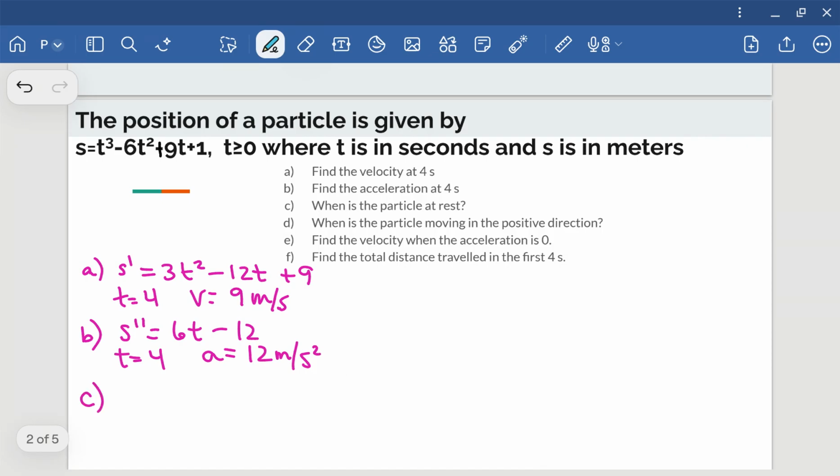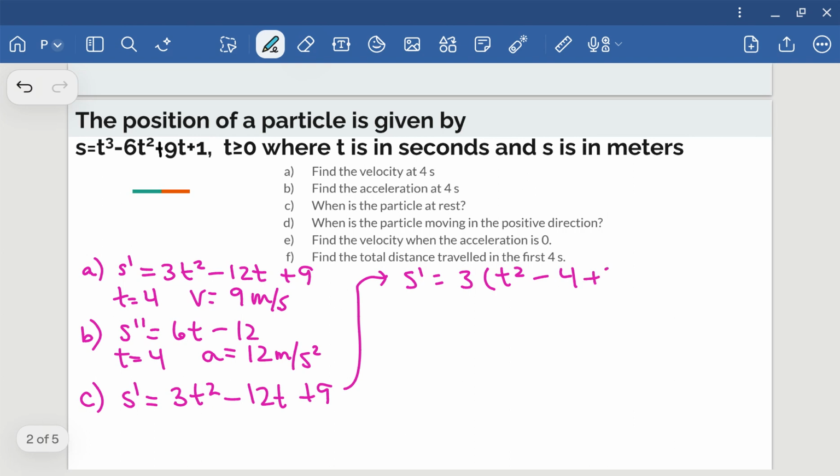Part C is asking when the particle is at rest. So that would be when our velocity equals 0. So I would look at my velocity formula, which is 3t squared minus 12t plus 9. And here I would want to factor. So in my velocity formula I take out a 3, and we'll get t squared minus 4t plus 3.